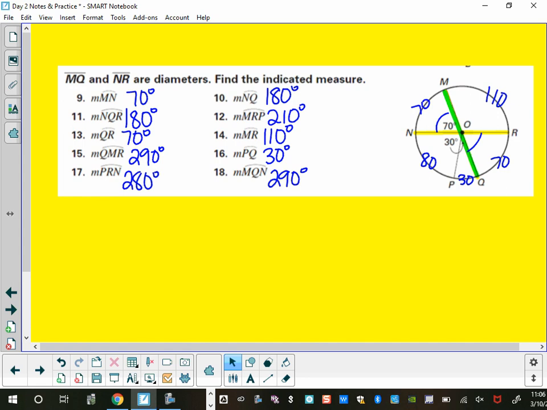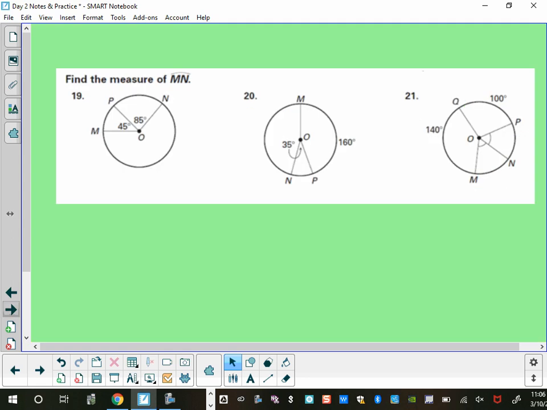All right, 19 through 21. 19, I got 130. 20, I got 165. And 21, I got 60. On 21, I know a full circle is 360.